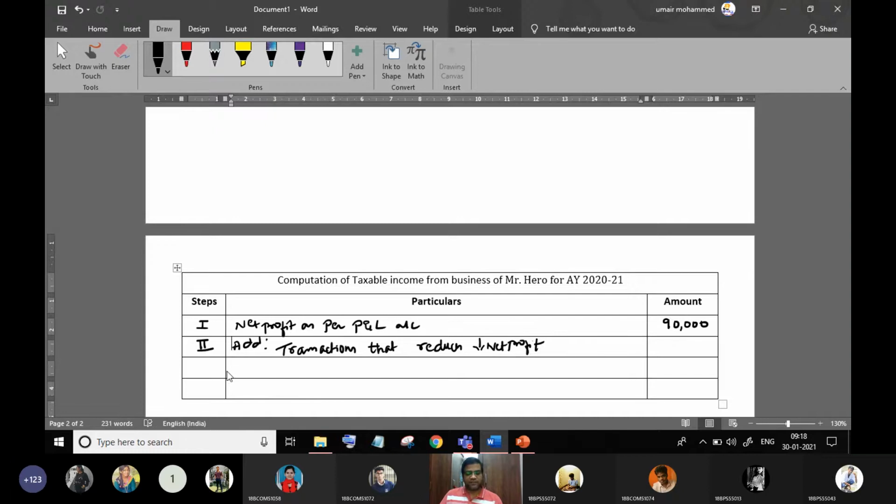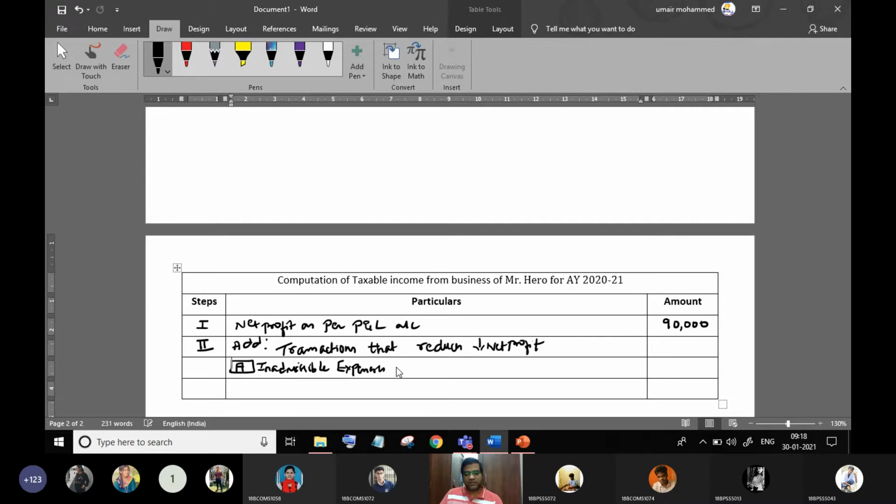So under this, the first transaction is called inadmissible expenses.